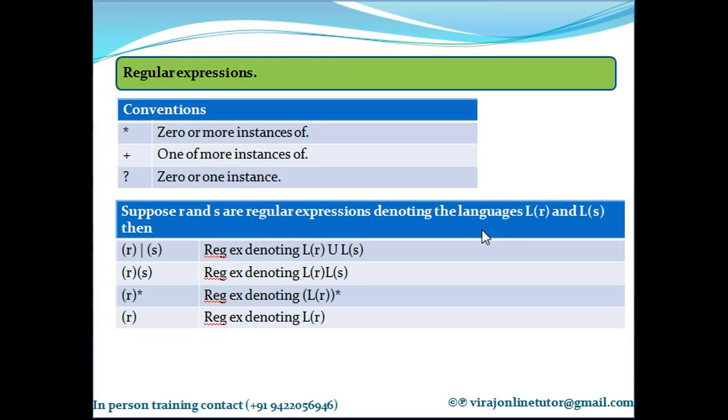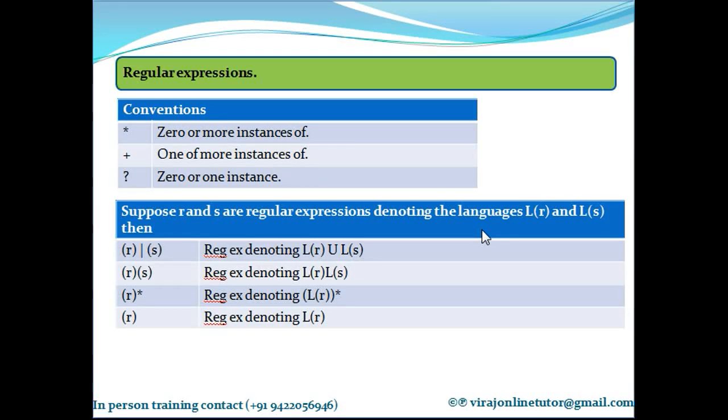Another superset of string is language. A language is a set of strings over a fixed alphabet. Are you all getting the correlation? At the lowest level I have an alphabet, which is a finite set of symbols. Then I have a superset called a string. What is a string? It's a sequence of symbols.